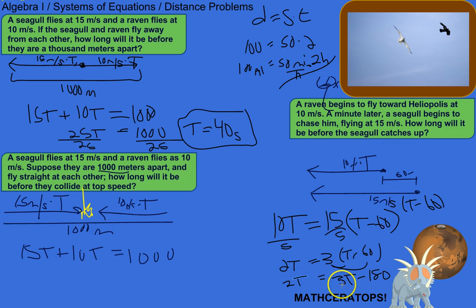You could subtract 3t from both sides. So I've got 2t minus 3t is negative 1t, or negative t equals negative 180. So t is 180 seconds, also known as 3 minutes.